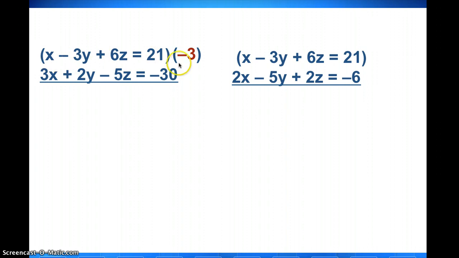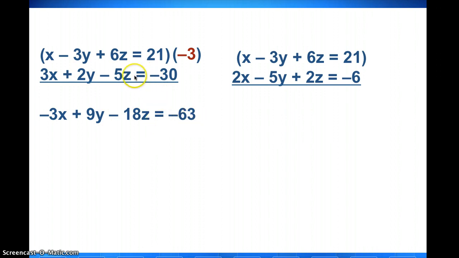I'm going to multiply the first equation by negative 3, because I would like to eliminate x. If I'm eliminating x here, I should be eliminating x here as well. Now I'm going to show you what will happen to equation 1 after I have multiplied it by negative 3. It will become negative 3x plus 9y minus 18z equals negative 63.